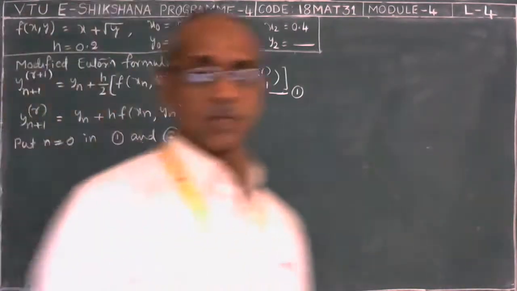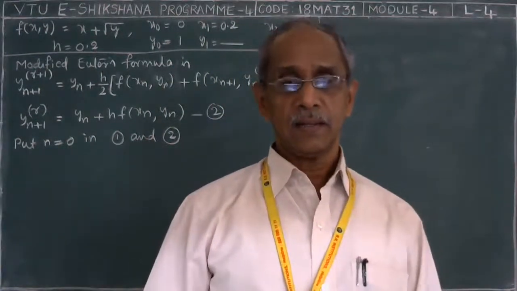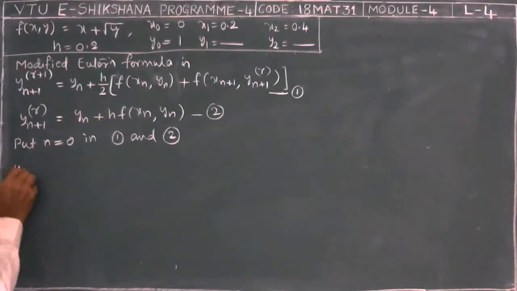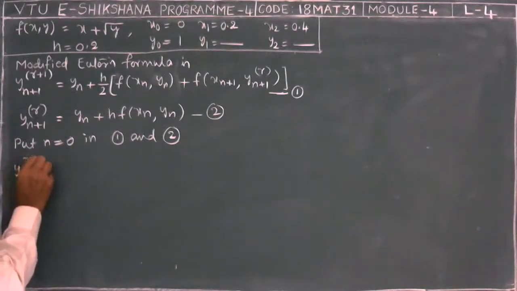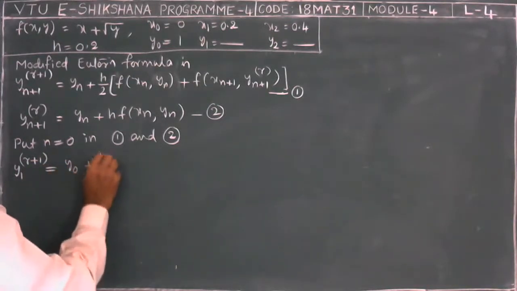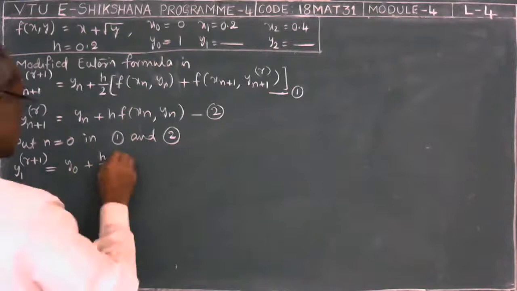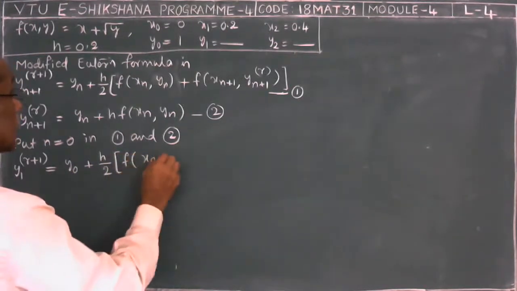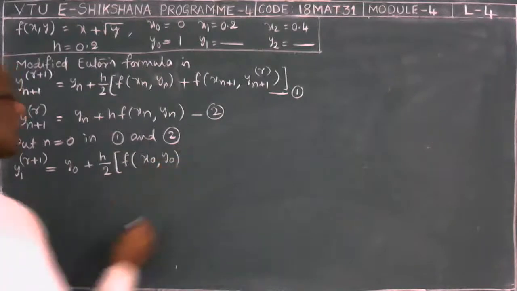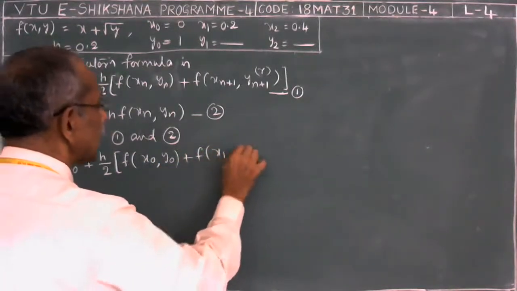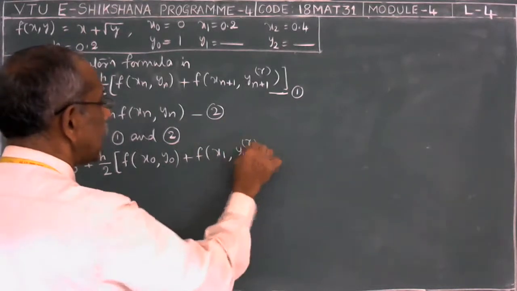We get y1 superscript r plus 1 is equal to y0 plus h divided by 2 into f of x0 comma y0 plus f of x1 comma y1 superscript r.